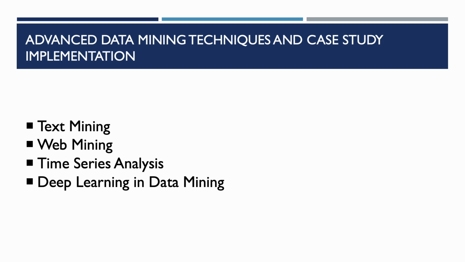Next, we have web mining. This focuses on extracting useful information from web content, structure and usage patterns. Companies often use web mining to analyze user behavior and optimize websites.